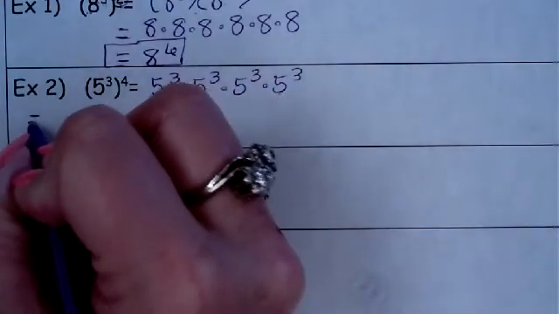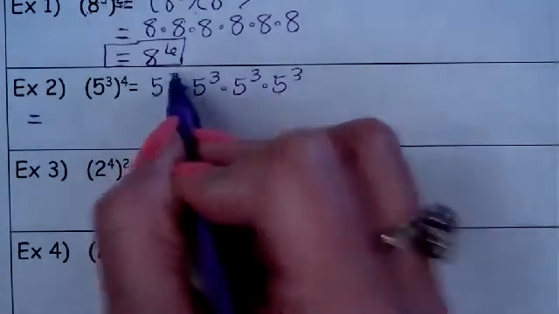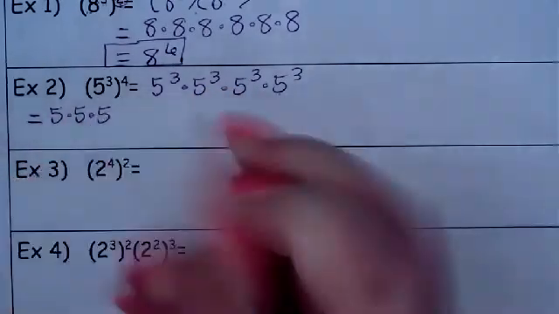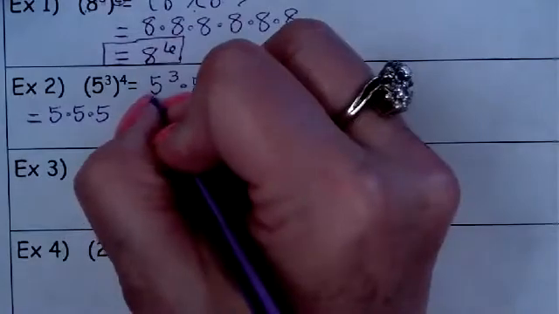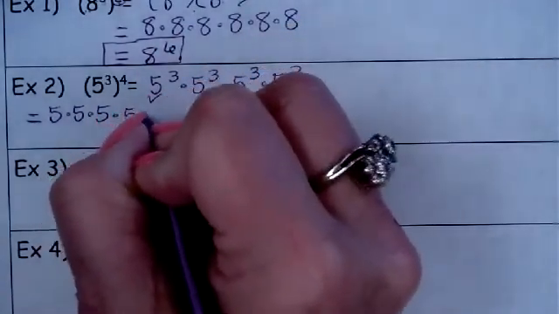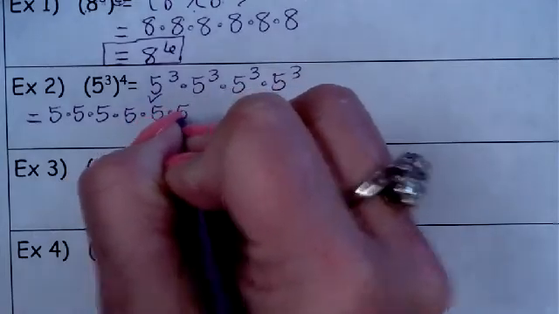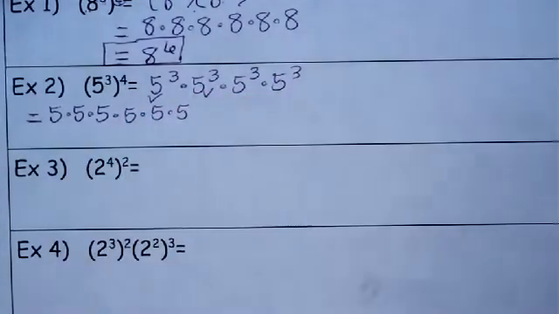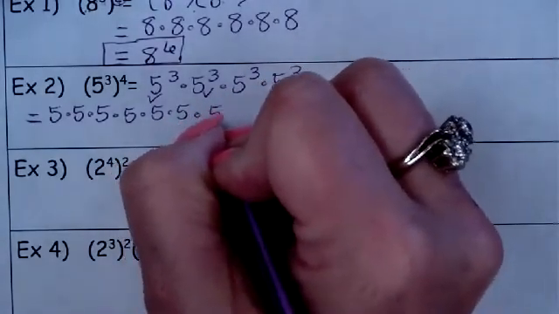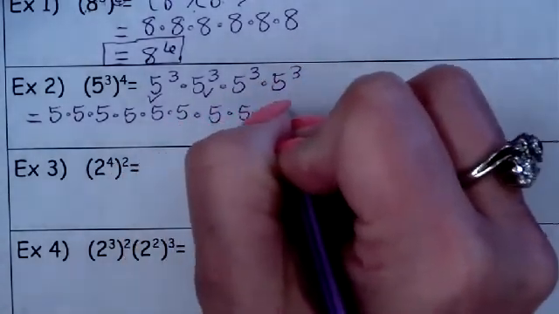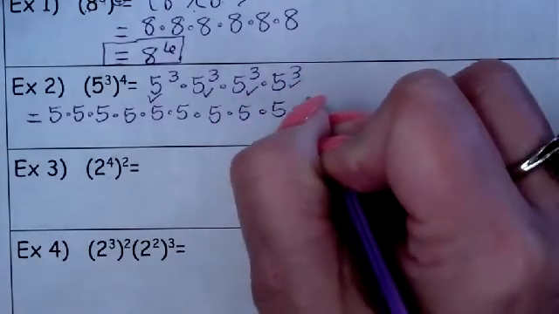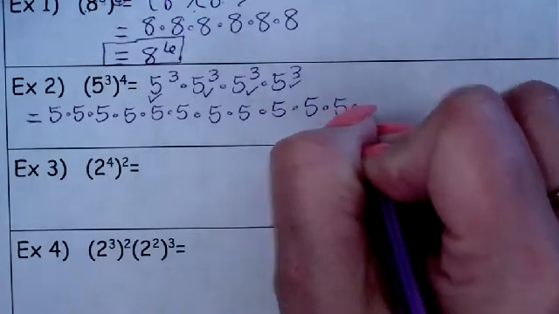I'm going to come over here and start, because it's going to be a lot of 5s. 5 to the third, 1, 2, 3. That was this one. Now this 5 to the third, that's 3 more. 1, 2, 3. There's that one. Okay. This 5 to the third is 3 more. So 1, 2, 3. And then I got 3 more right there. 1, 2, 3.